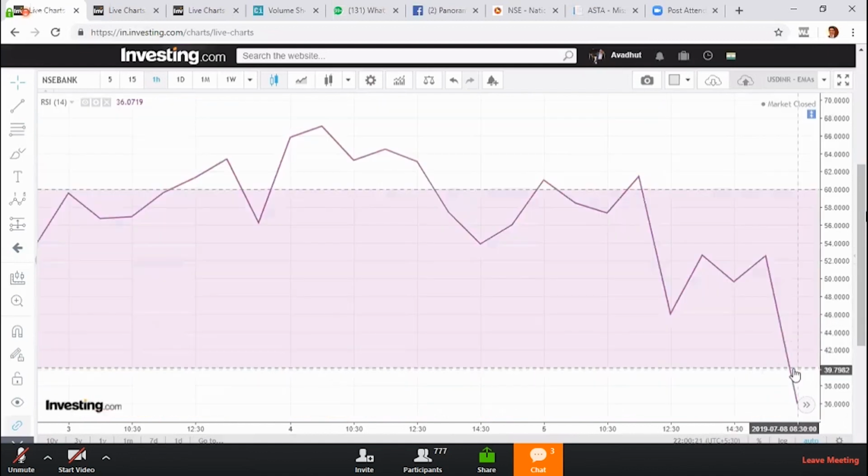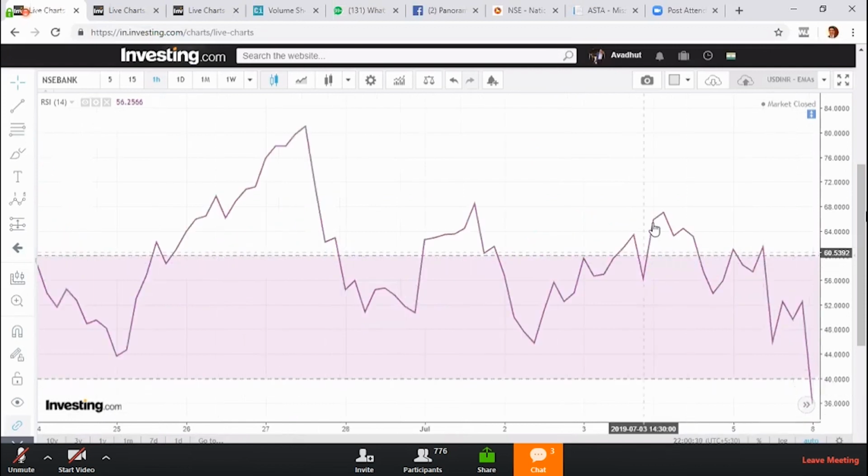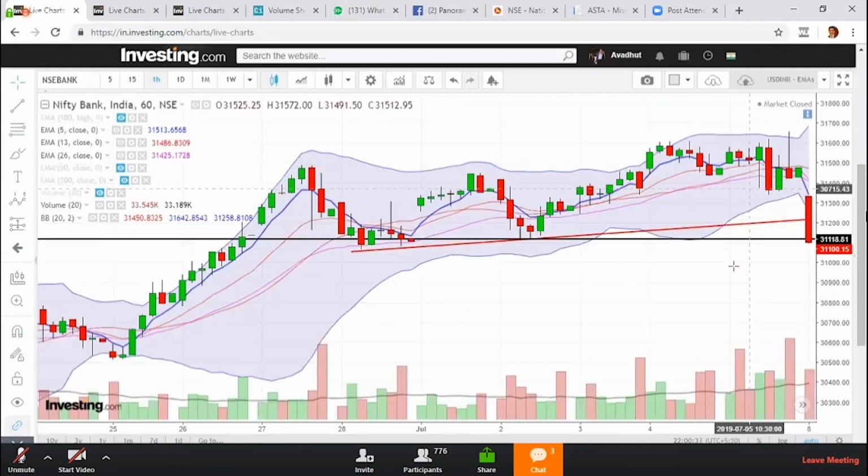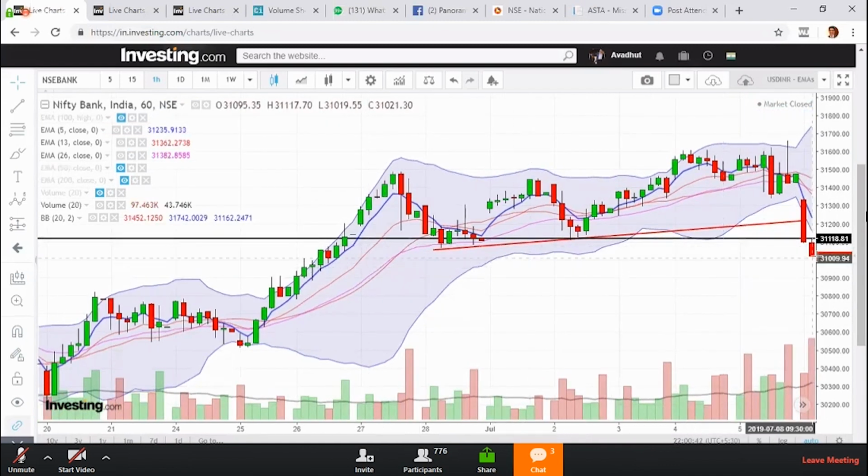When RSI is below 40, it's a bearish momentum indicator. RSI is a momentum indicator. When it is above 60, it is a bullish momentum; below 40 is a bearish momentum. So after this, there was a follow through.